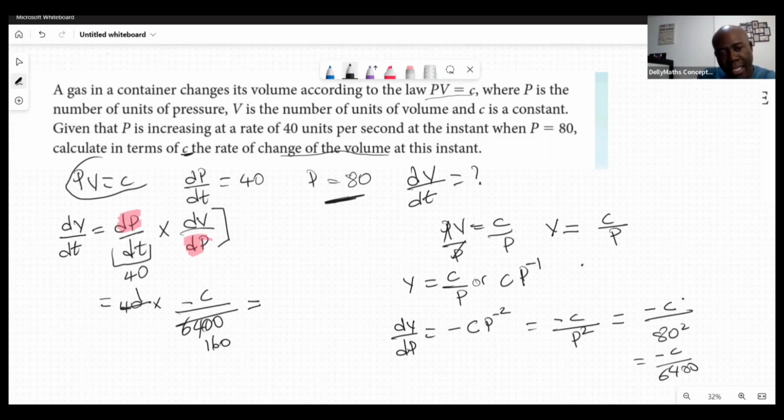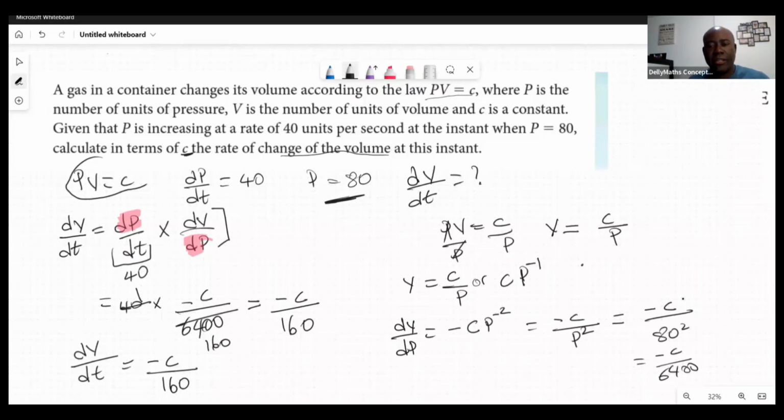So my final answer is -C over 160. I could now conclude that the rate of change of volume is -C over 160, units per second. And there it is.